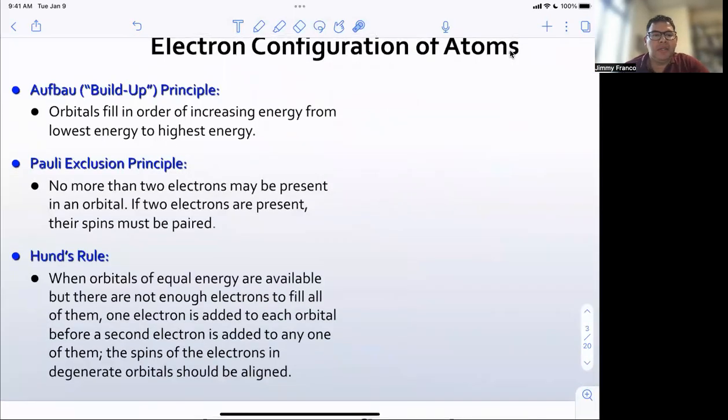All right, so let's think about this. I think when you had Gen Chem, you had to do an electron configuration. So let's just do it for carbon, and we'll do it along this cheat sheet of the different principles of electron configuration. Carbon, if we look at our periodic table, has an atomic number of 6.